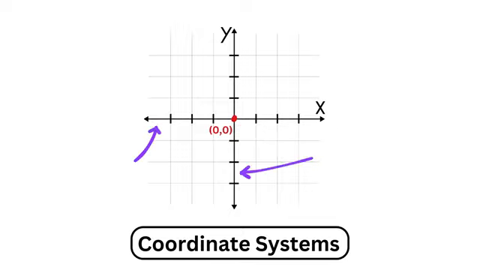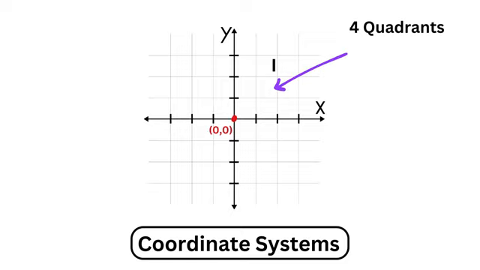Now, these two lines divide the space into 4 quadrants, or 4 regions, each with different signs for x and y. The first quadrant, located at the top right, has both x and y as positive numbers. The second quadrant, at the top left, has x having negative numbers and y as positive numbers.